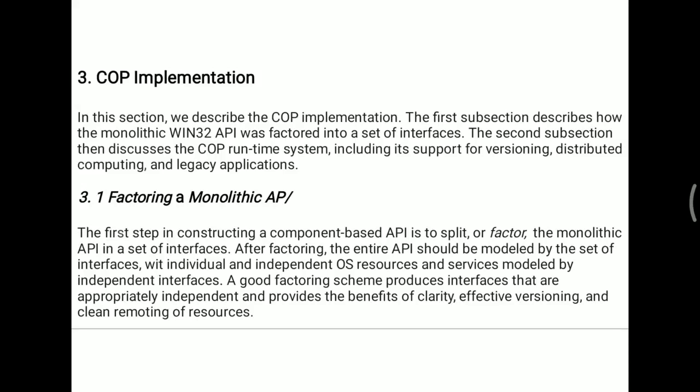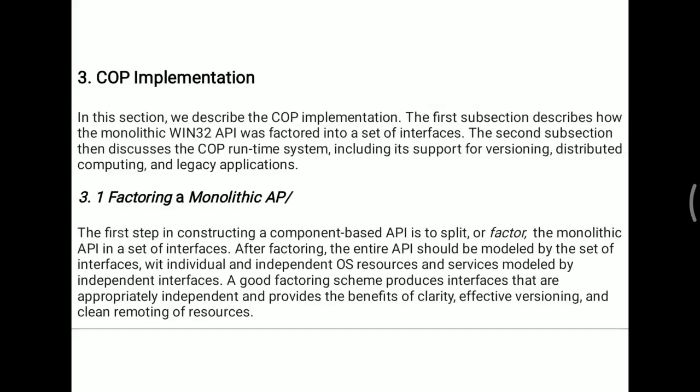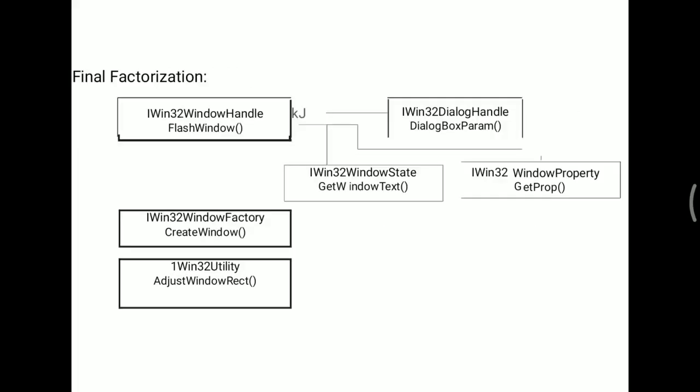After factoring, the entire API should be modeled by a set of interfaces, with the individual and independent OS resources and services modeled by independent interfaces. And then the flowchart of the final factorization, which is the first step of making a component-based API.